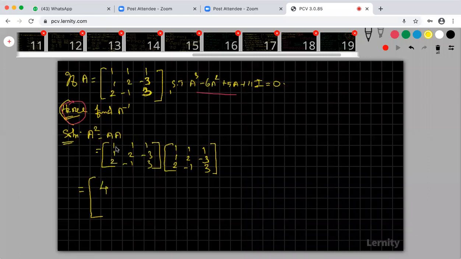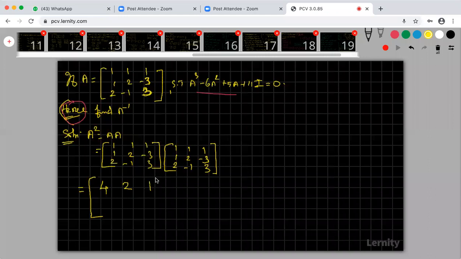A square. Similarly, I am writing directly, you please try to understand. So this is 1, this is 2, okay, 1 plus 2 minus 1. So therefore the answer is 2. And this is the first row by third column. This is 1, this is minus 3, this is plus 3. So therefore the answer is 1. Matrix multiplication is a very simple one.